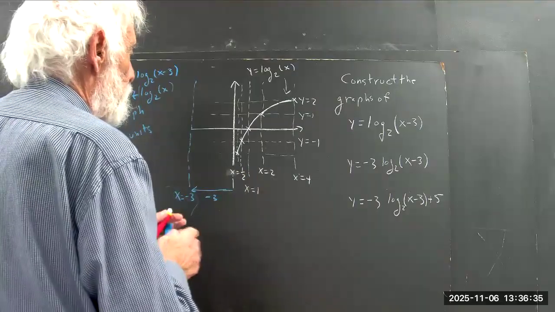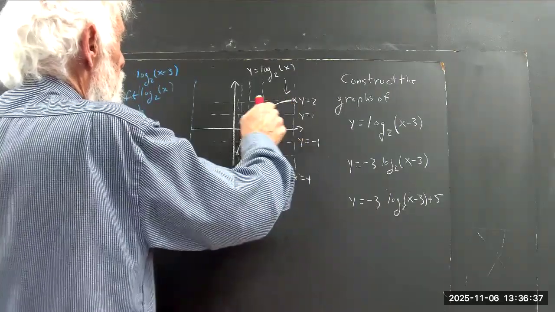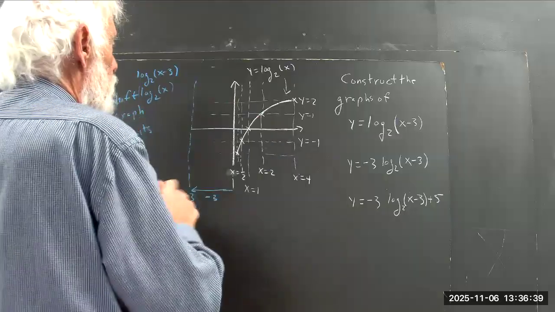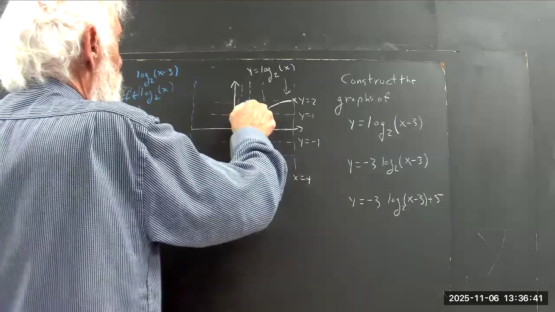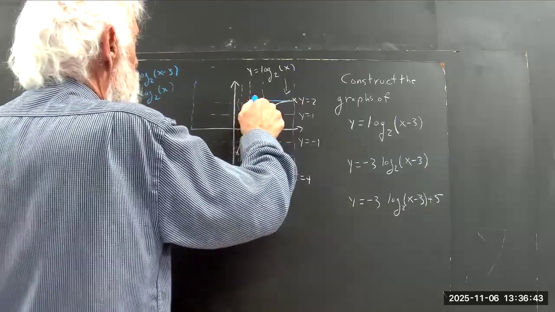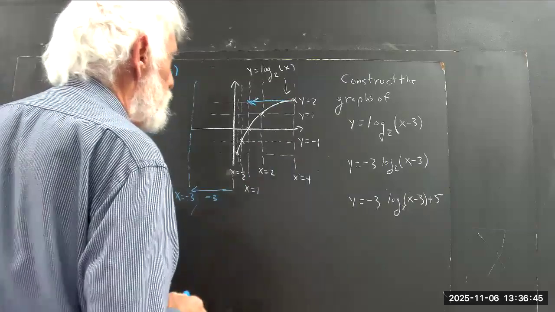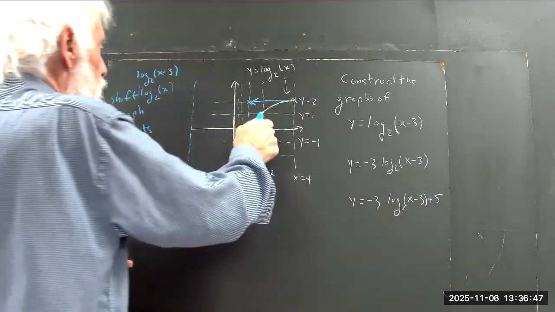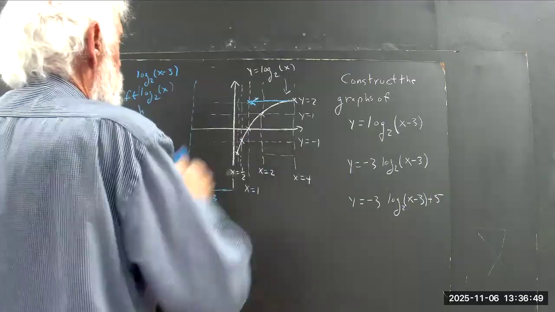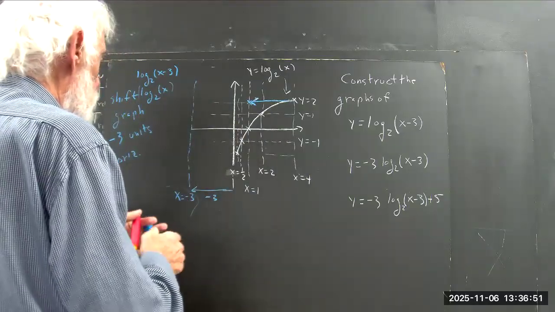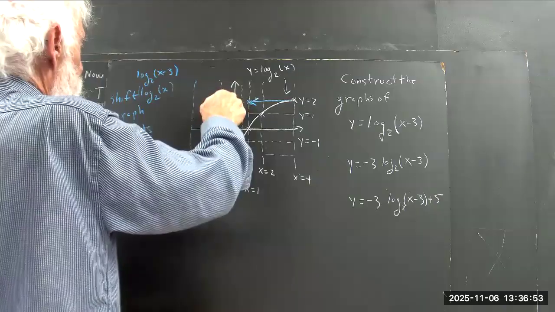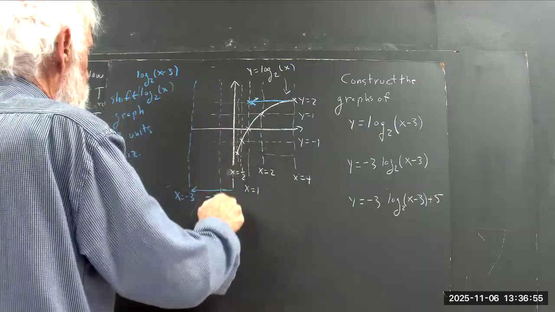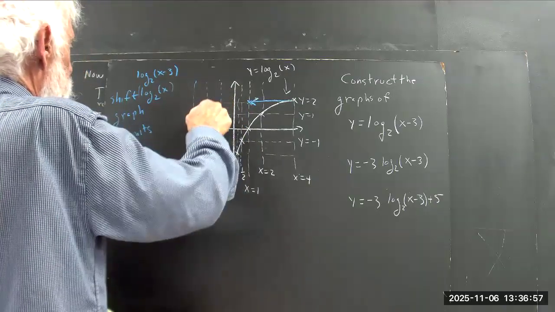So this point moves 3 units to the left and ends up here. This point moves 3 units to the left and ends up at, we'll figure it out in a minute.